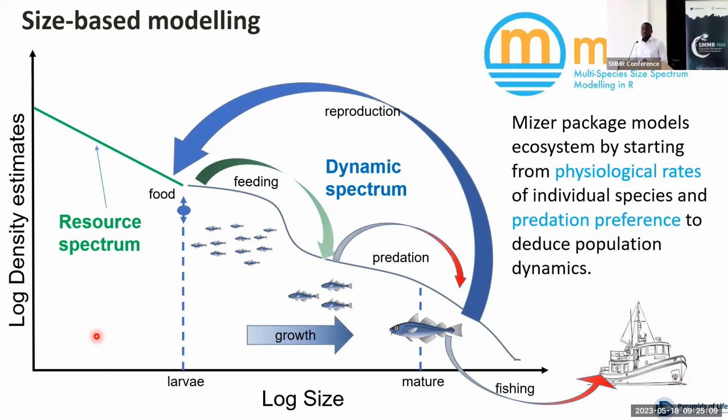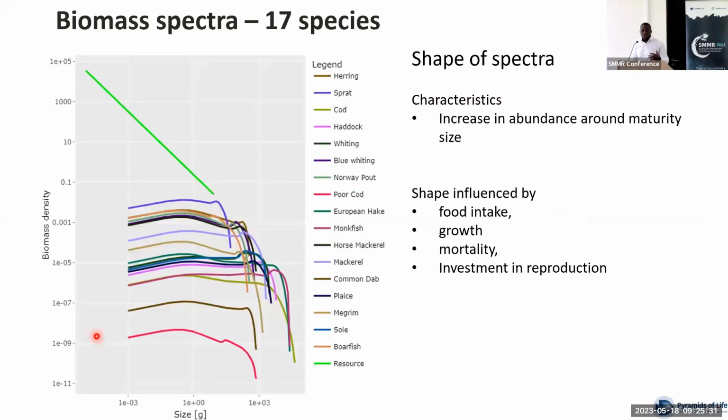So what Mizer does is it helps model the ecosystem, first of all, by starting at the physiological rates of individual species, and also looking at the predation preference in order to deduce the population dynamics in the system. We've been able to use Mizer to model 17 species, and this is what we've been able to get.